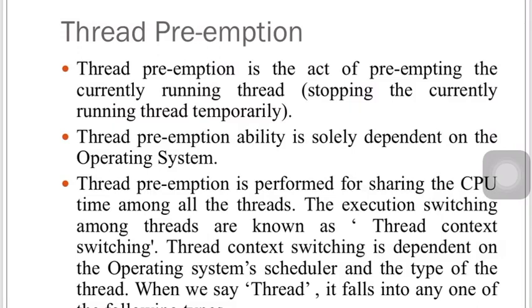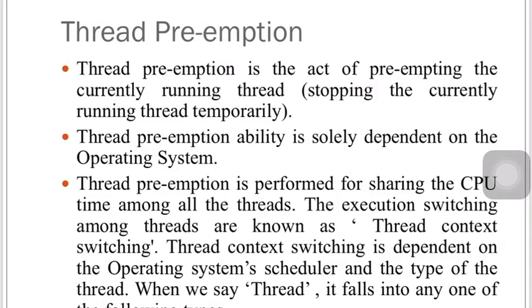We have seen that a particular process can be in ready state, running state, and so on. So we can stop a particular thread temporarily and give a chance to another thread to use the CPU. Preempting means stopping the currently running thread temporarily.